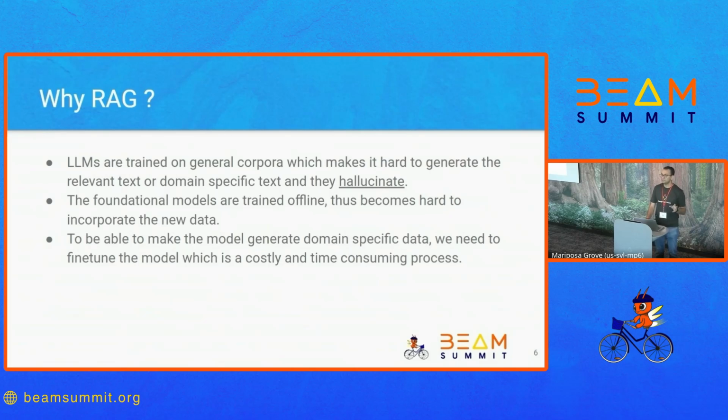It can have some domain specific information, or it can even contain some proprietary information of a company. In the case of RAG, we just have to fetch the data from the database, which is way more efficient and less time consuming when we compare it to fine tuning a model.